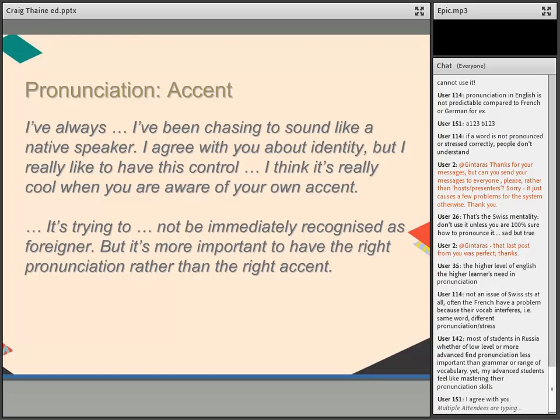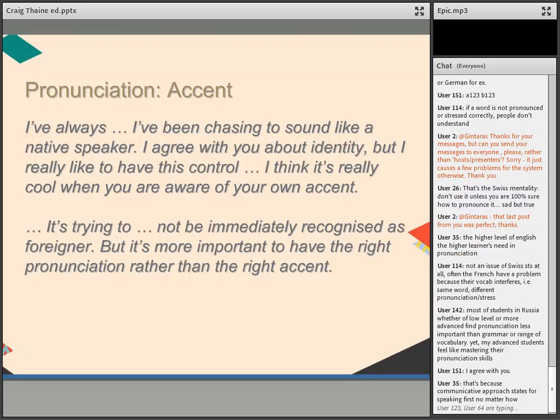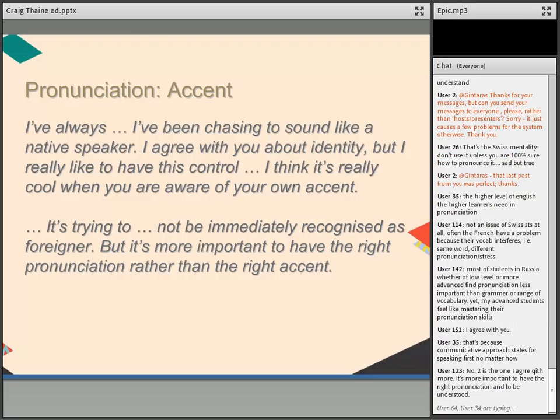So what came through was this idea that learners were actually very keen also to control their accent. They didn't always want to sound like a native speaker, but they wanted to feel that they had control over that particular language system.